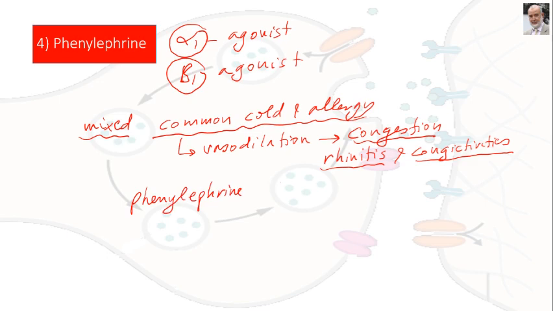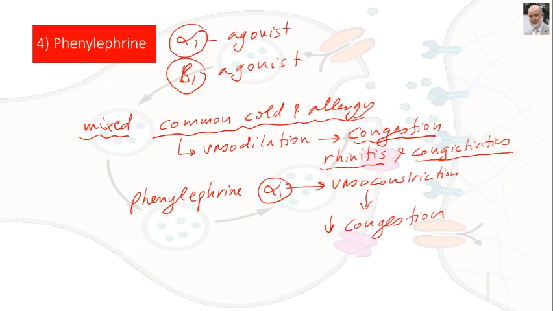Phenylephrine, by acting as an alpha-1 agonist, produces vasoconstriction of the mucous membrane, and this vasoconstriction will decrease the congestion in the mucous membrane. By decreasing the congestion in the mucous membrane of the upper respiratory tract, they produce what's known as the decongestant effect. Decongestion, they call it decongestion.